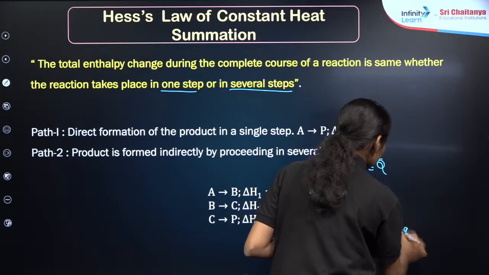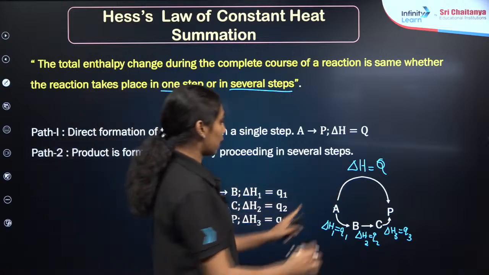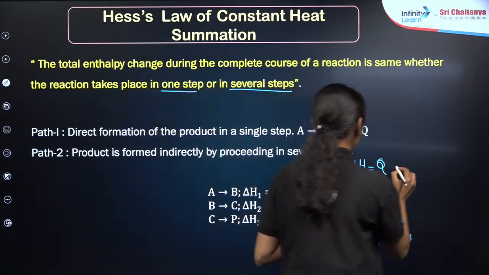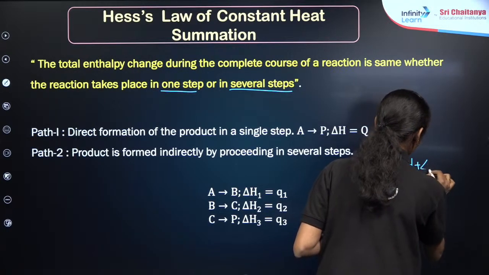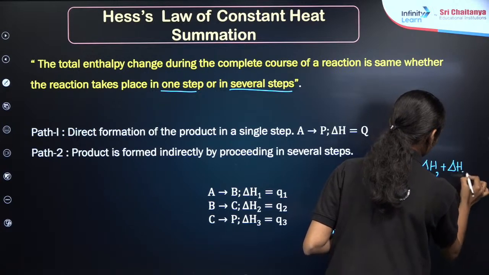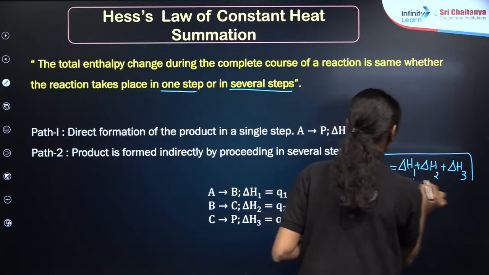Then according to Hess's law of constant heat summation, the change in enthalpy should be equal. For example, delta H, which is Q, is equal to delta H1 plus delta H2 plus delta H3, right? This is the mathematical explanation of Hess's law of constant heat summation.